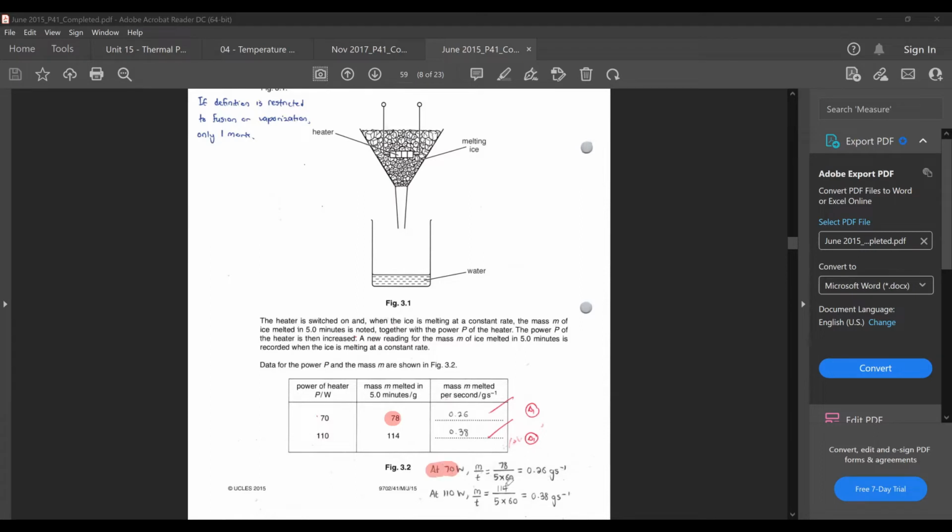At 70 watts, take the mass, divide by seconds. You're going to get 0.26. And then at 110 watts, you take the mass, divide by time again, which is 5 minutes times 60 seconds. You're going to get the answer of 0.38 grams per second. So this is the mass per second.